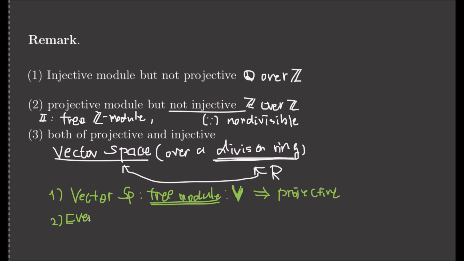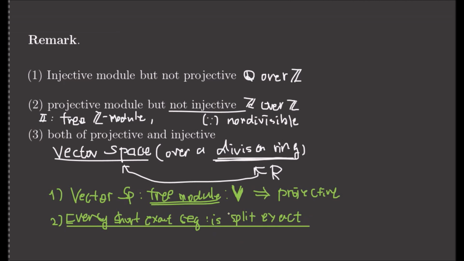we use this theorem: every short exact sequence is a split exact sequence. In the case of a vector space, every short exact sequence is split exact. I will not prove this statement, but it can clearly be applied in the vector space.